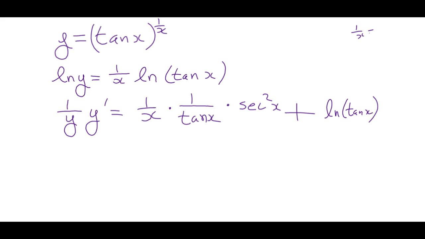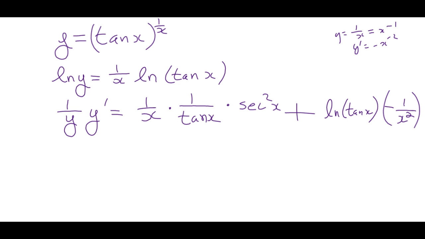So 1 over x, which is x to the negative 1, and the derivative is negative 1 over x squared, right? But it's not minus, it's times, so we'll throw some brackets around there to say, hey, you're multiplying now.